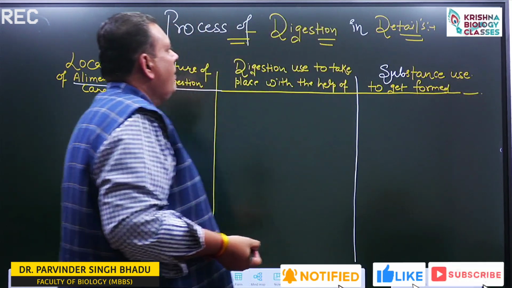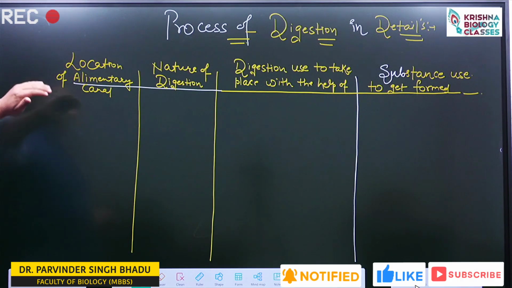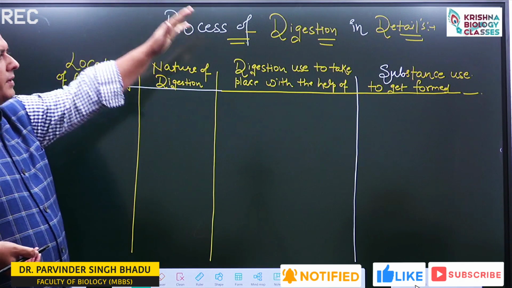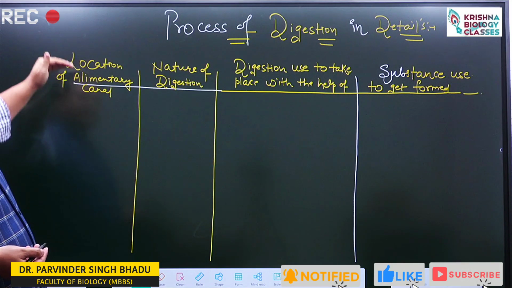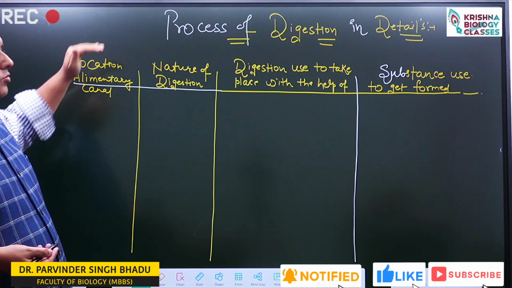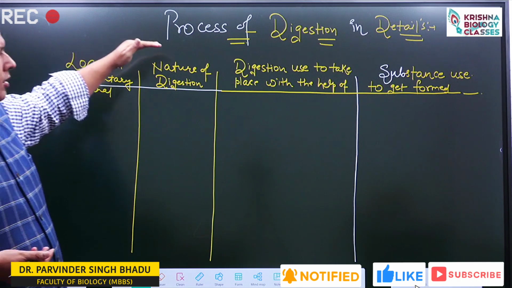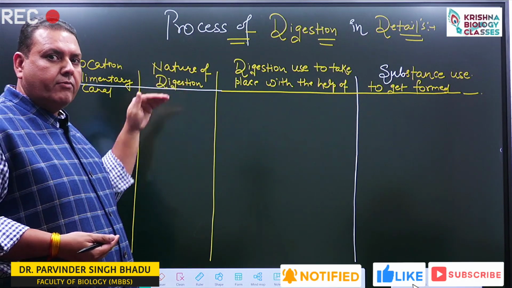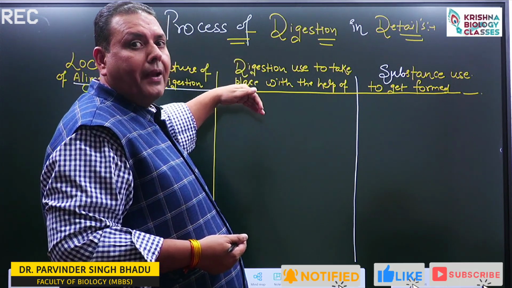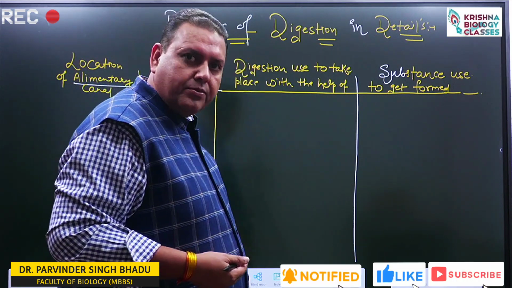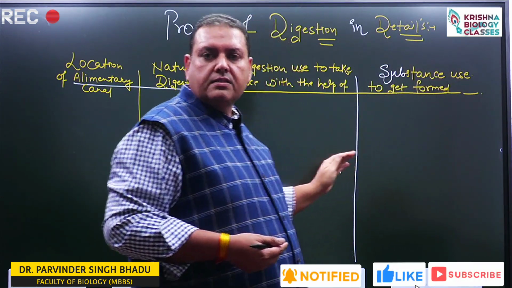Now, to understand the process of digestion in detail, we will try to summarize it with the help of this table, in which we will see how this digestion takes place at the different locations of the alimentary canal. What is the nature of this digestion, whether it is physical or chemical? This digestion takes place with the help of which types of enzymes, and what substance gets formed due to this process.